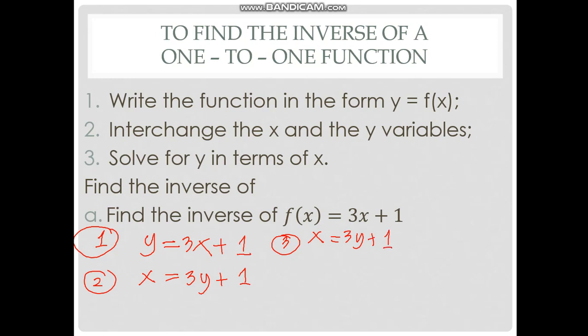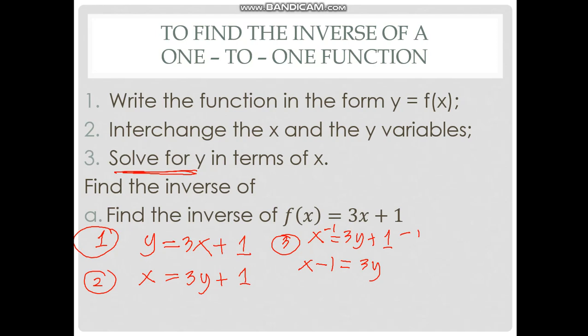When we say solve for y, dapat y na lang matitira sa isang side. So in this case, dapat ma-eliminate natin itong plus 1 and 3 sa katabi ng y. So we can use SPE, minus 1 minus 1. So x minus 1 equals 3y. So na-eliminate yung 1.